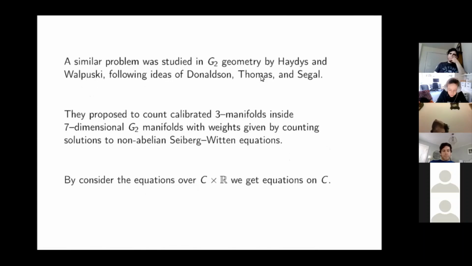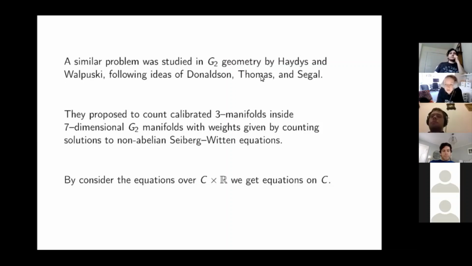And this is related to a problem that was studied in G2 geometry, in the geometry of manifolds with special holonomy, by Haydys and Walpuski, following ideas of Donaldson, Thomas, and Segal. In that story, you want to count calibrated 3-manifolds inside 7-dimensional manifolds with special holonomy G2.